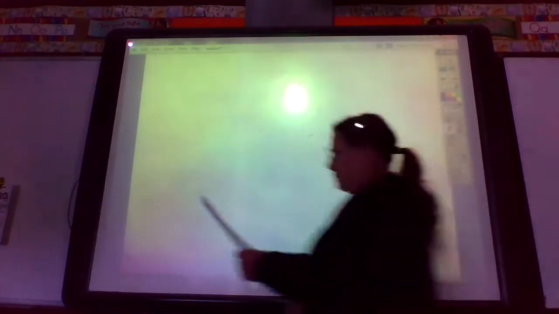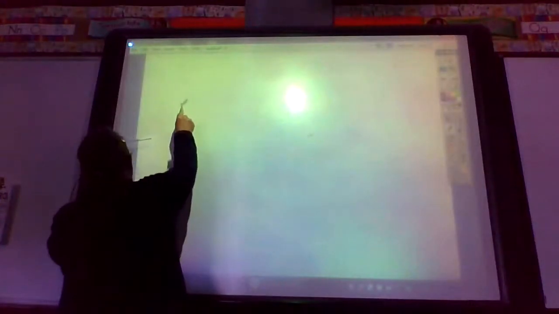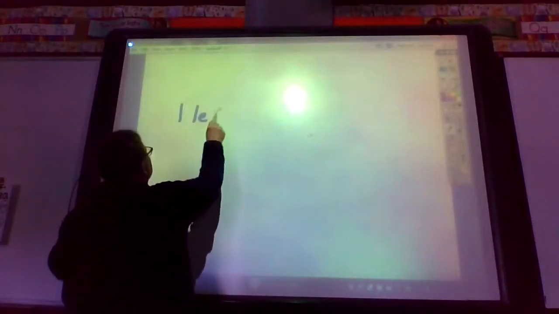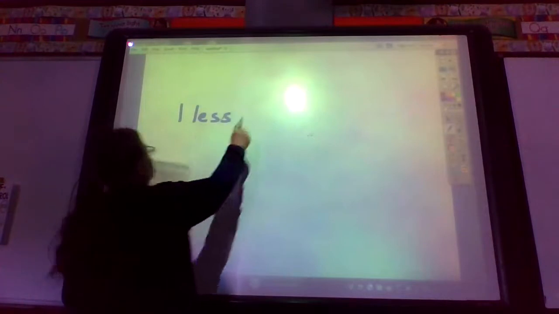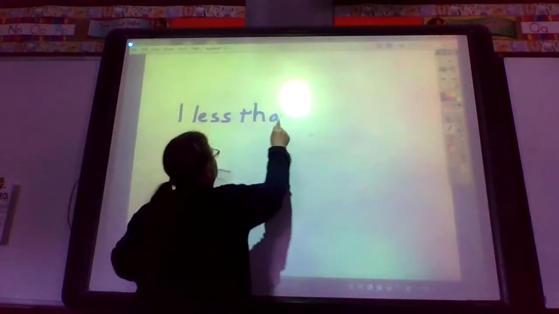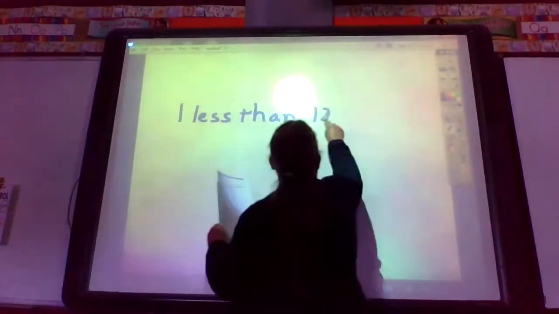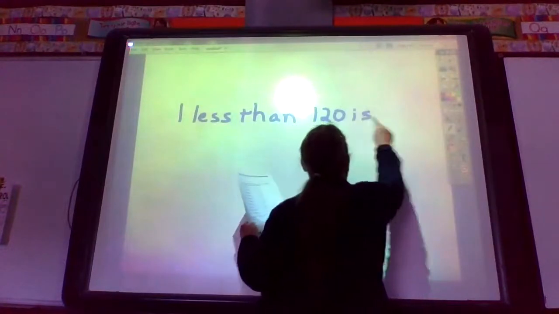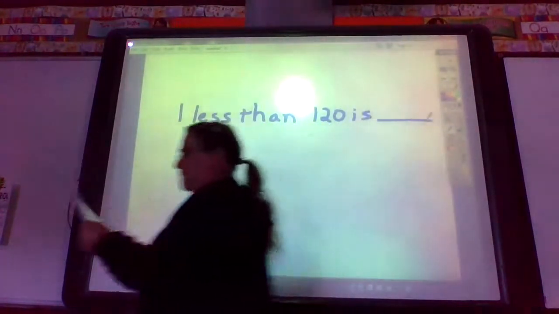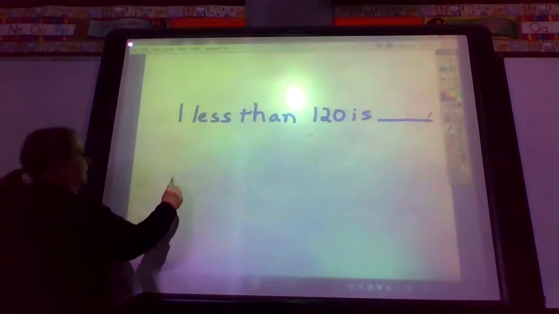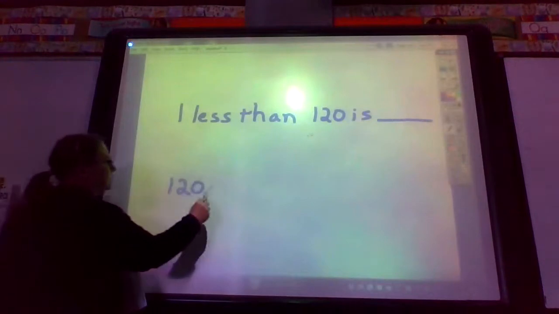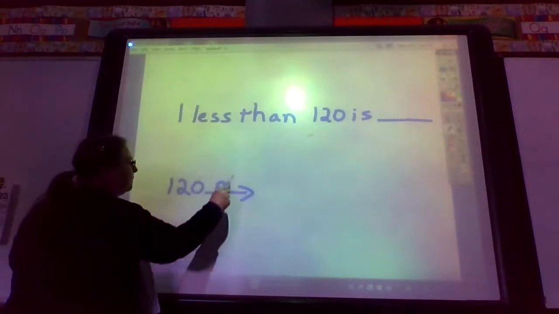Okay, if we go down to number 2, it says we need to fill in. This gets a little more complicated. The first one says 1 less than 120 is blank. Now remember, I have 120. It gets bigger if it's more.